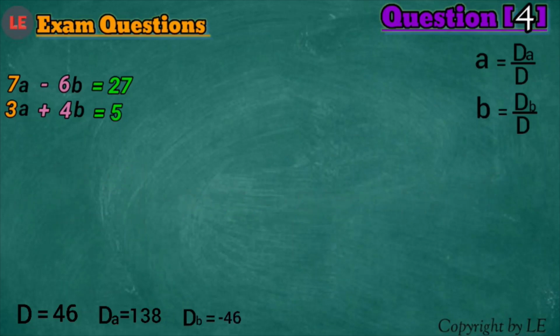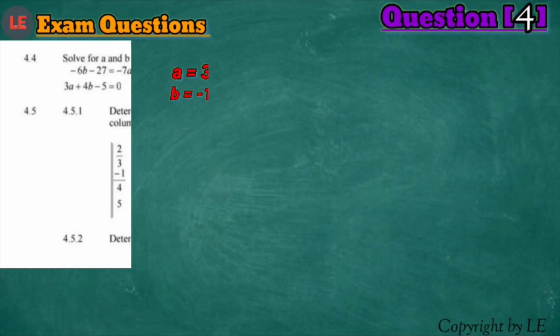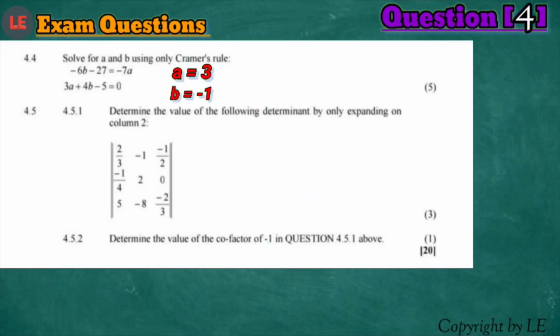Now we go to these formulas to get the required variables. We say a equals 138 divided by 46, we get a to be 3. As for b, we say b equals negative 46 divided by 46, we get b to be negative 1. That is what 4.4 was looking for.